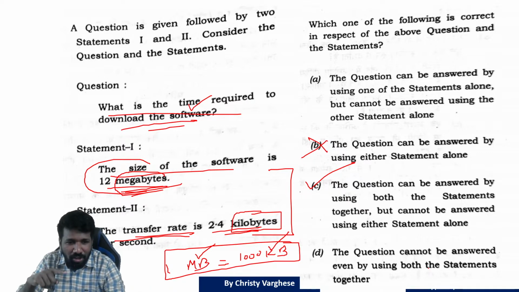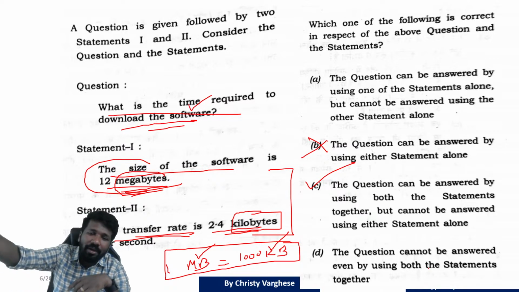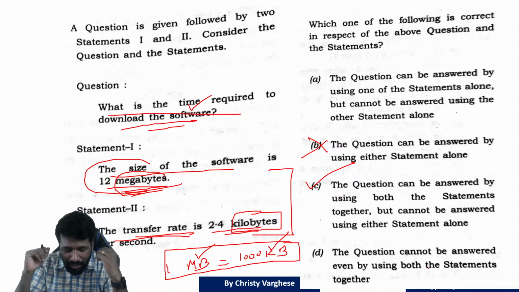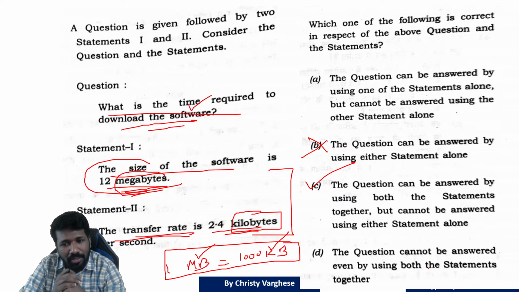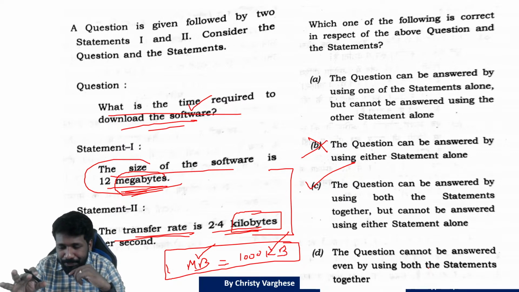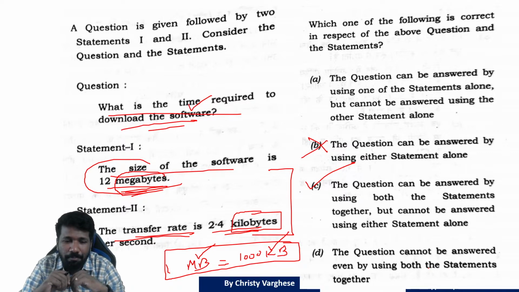There can be an argument like that also if the kilobyte and megabyte conversion ratio is not given in the question. But if it is assumed that that is a trivial thing that you are supposed to know, then option C itself is the answer. I think option C is the better choice here.